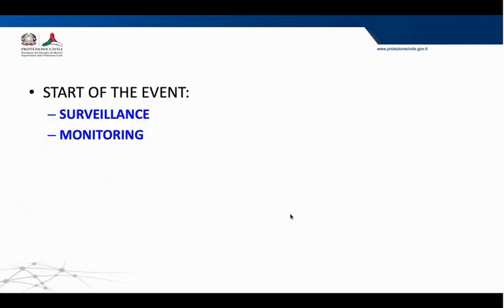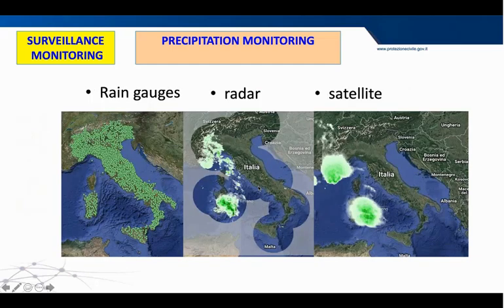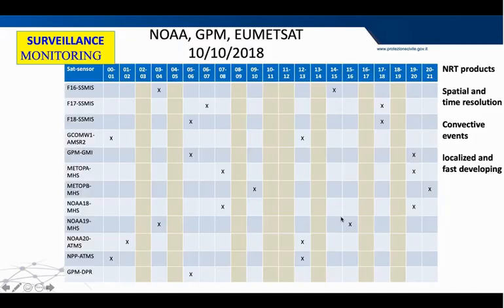Now we start the event. So we enter the second phase, surveillance and monitoring. Generally in Italy, as in many other countries, we monitor the precipitation with rain gauges, and we have more than 2,000 rain gauges, a ground radar network which can cover more or less all the Italian territory, and we also use satellite precipitation products.